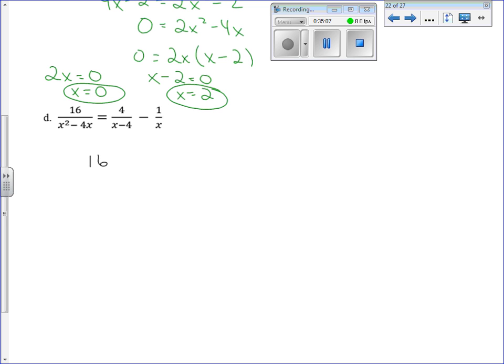What I meant by it looks scary, but it's not, is it's actually a lot less work to solve than the one up there. Denominator here, because I can factor that, right? I can simplify that a little bit by pulling out an x, and I can write that as x times x minus 4.